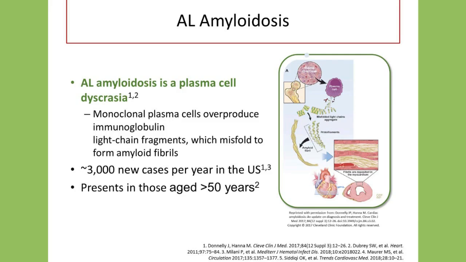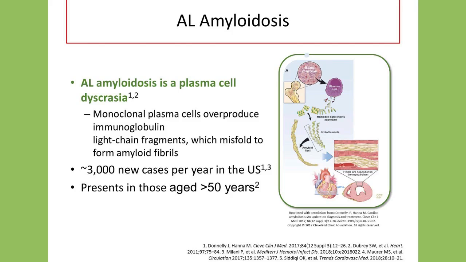But essentially, what happens is you get a monoclonal plasma cell overproduction of the immunoglobulin. This happens in the bone marrow, and the plasma cell creates these light chain fragments, which unfold or misfold to form these amyloid fibrils, which end up depositing in the myocardial tissue itself.